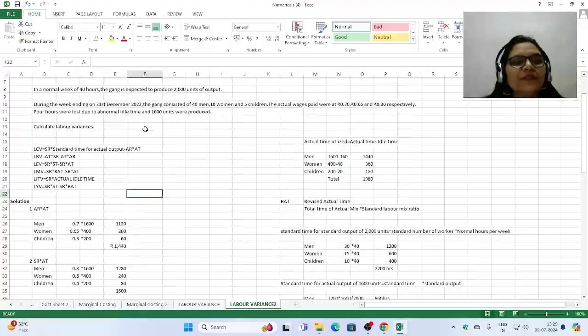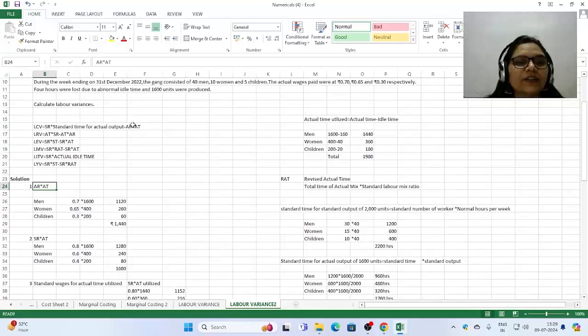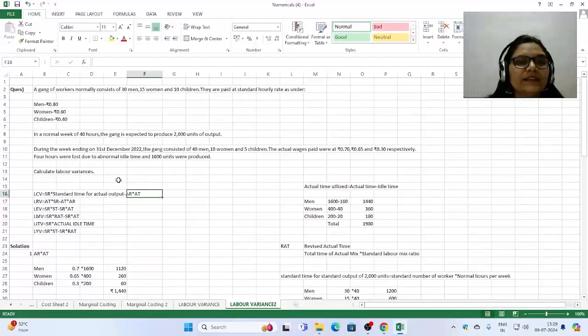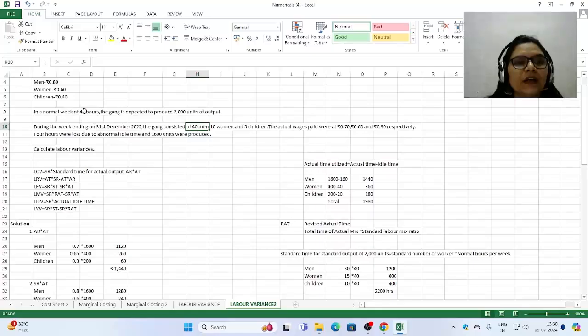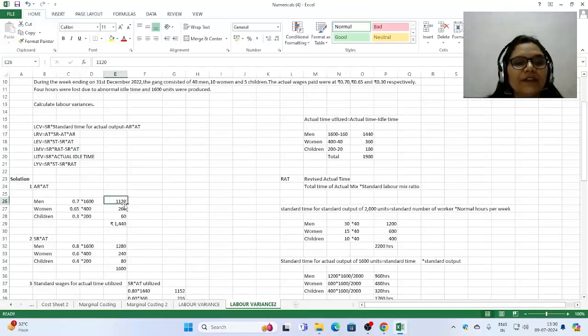Now first of all, we will calculate actual rate into actual time, for men, women and children. Actual time is 40 hours worked, so 40 into 40, 1600, 40 into 10, 400, 40 into 5, 200, totaling 1440.